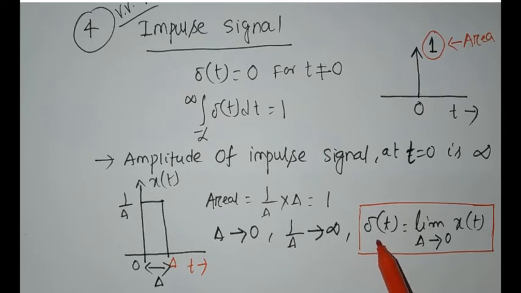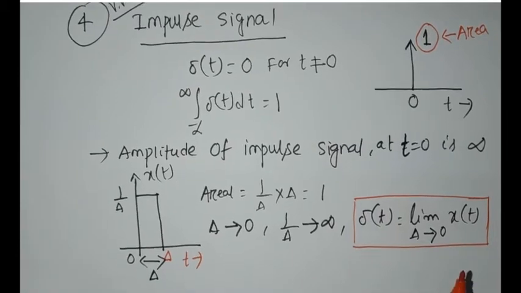So we can represent the impulse signal like this: the limit as Δ tends to 0 of x(t) equals the impulse signal. This is the representation of the impulse signal.